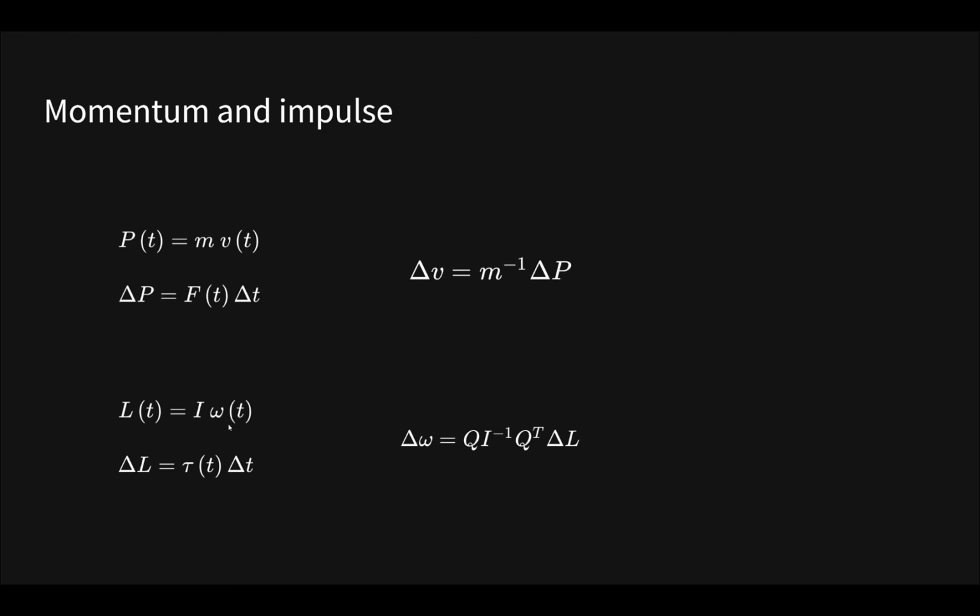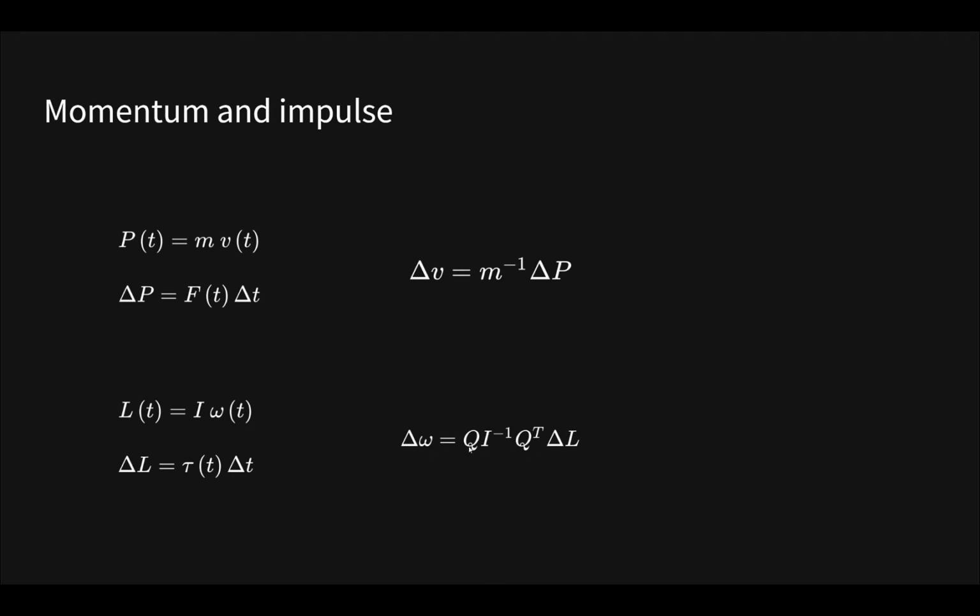So this is a matrix-vector multiplication. A change in angular momentum would be the torque of the object multiplied by a delta time. And if you want to calculate a change in angular velocity, you can use the inertia tensor.